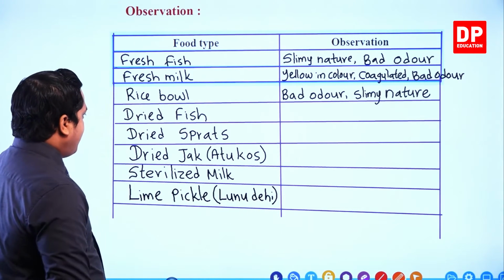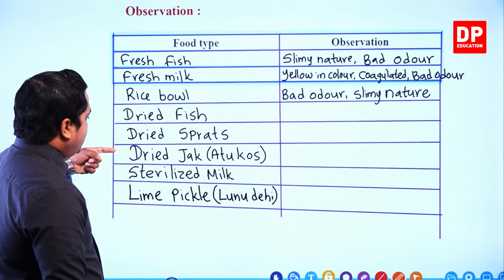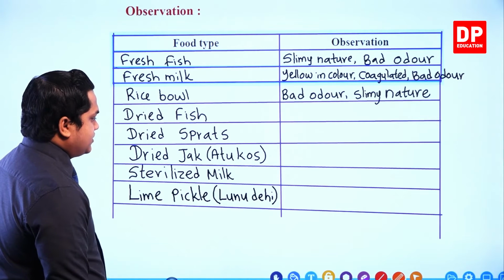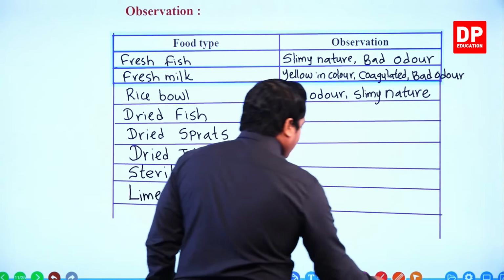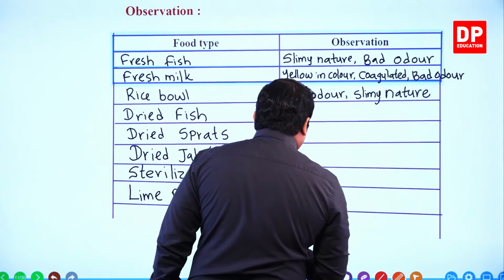So dried fish was there, dried spreads was there, dried jack, sterilized milk, and lime pickle was there. These are the other food items that could be observed in our list.